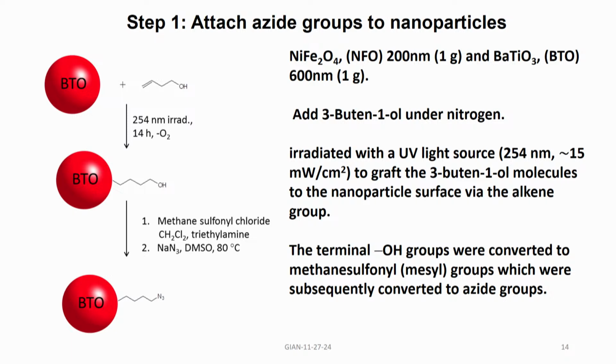Then you bring the two particles with complementary strands of DNA close together, they will hybridize and form a core shell structure. If you heat it up to 80 degrees, they will dehybridize and separate. So by heating and cooling below and above 80 degrees, you can either make core shell particles or make them separate. That was the whole idea, and we did just that.